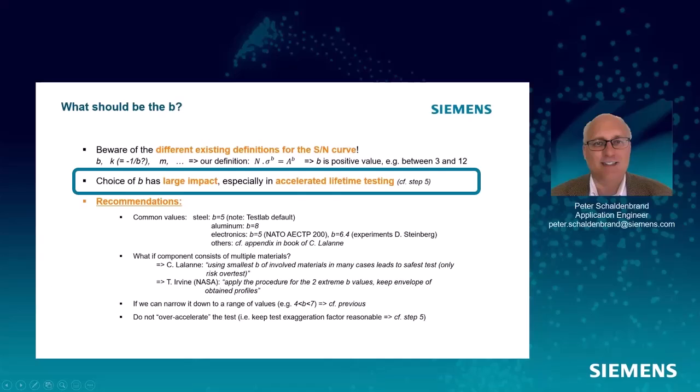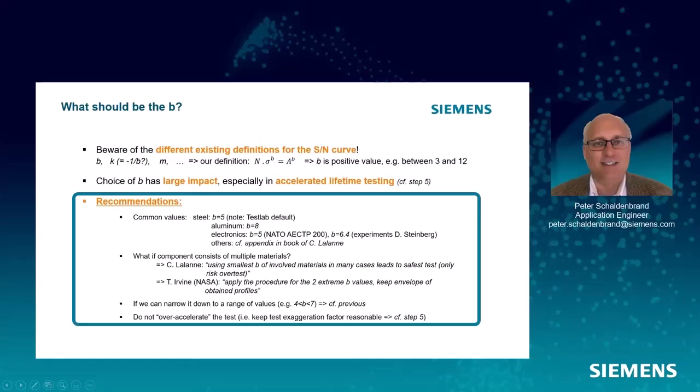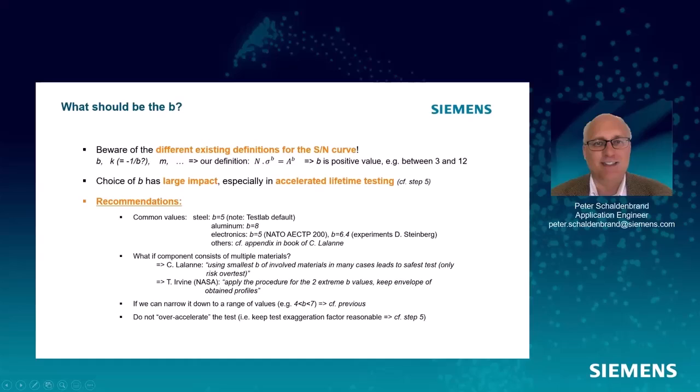In the time domain, just for your information, we have ways to accelerate the test without increasing the amplitude. But in the frequency domain, we're always going to increase the amplitude. Here it gives you some guidance from literature: electronics 6.4, NATO standard, aluminum 8. The default in our software is 5. B is really important. You're going to use it when you calculate an FDS, and you're going to use the same value when you synthesize a profile.